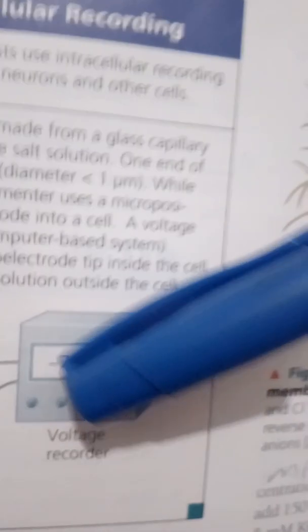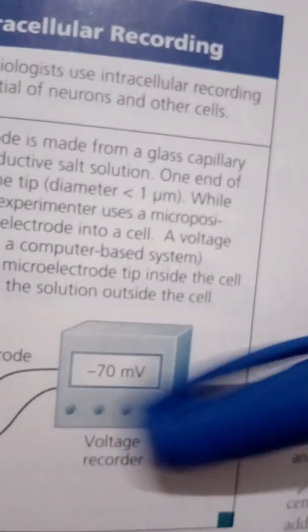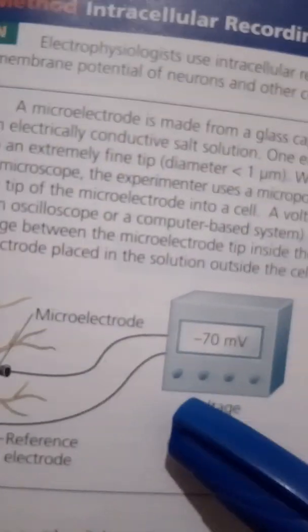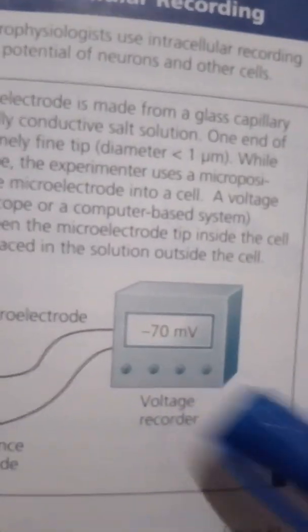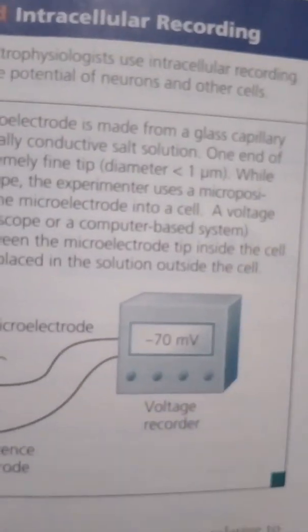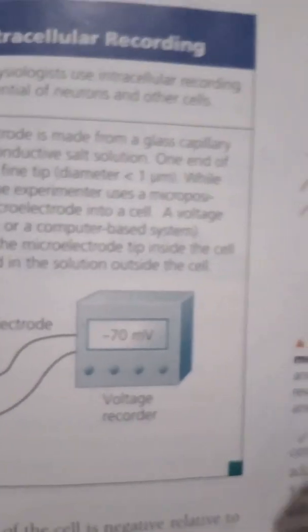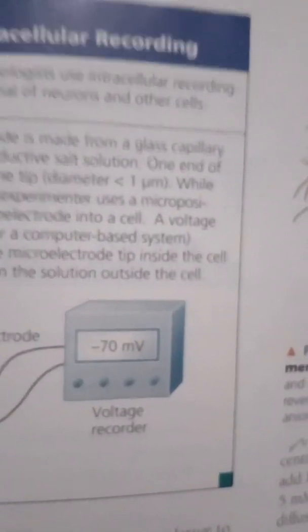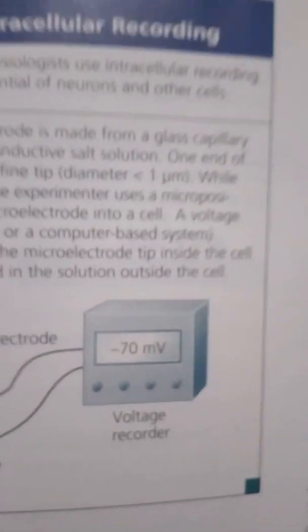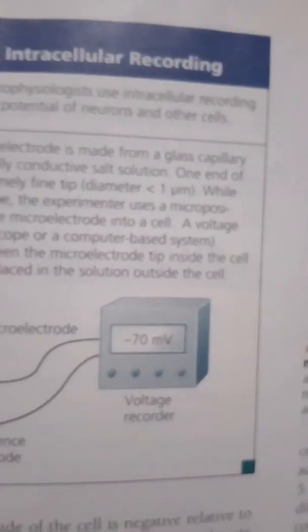The membrane potential of a neuron that is not transmitting signals is called a resting potential. In all neurons, the resting potential depends on the ionic gradients that exist across the plasma membrane.